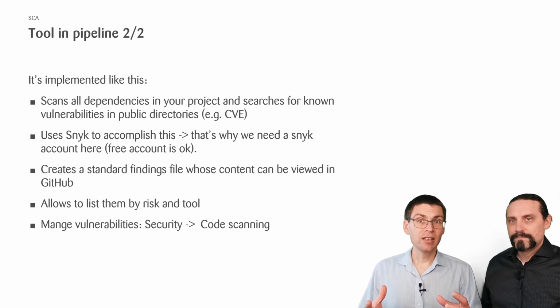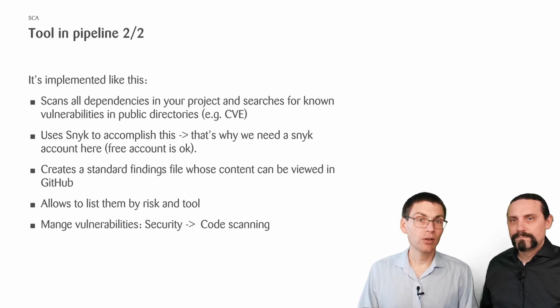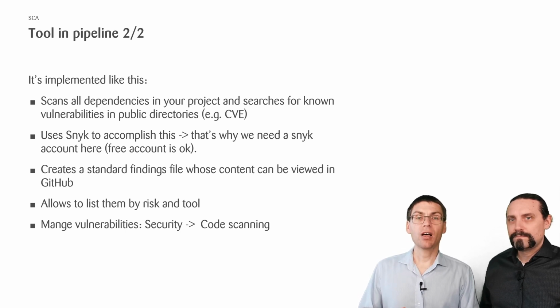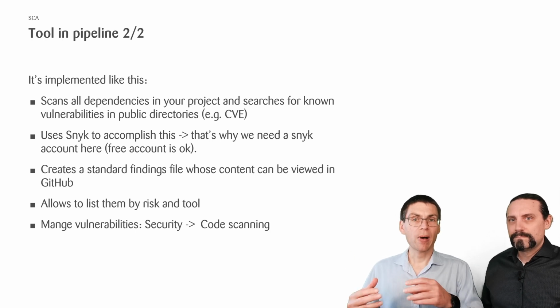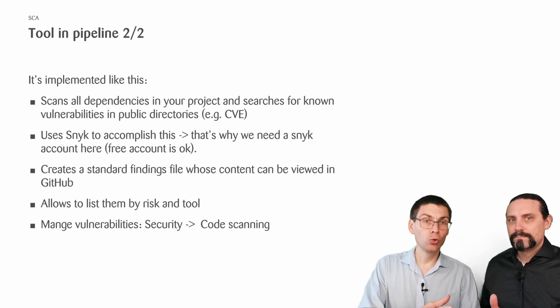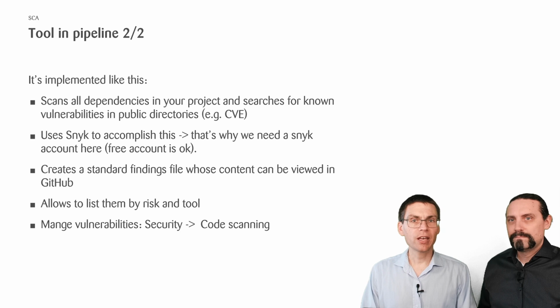And then it creates a standard findings file whose content can be viewed directly in GitHub. GitHub then allows us to list all the findings by risk and by tool that found the finding. To manage the vulnerabilities, you can navigate to security and then code scanning.